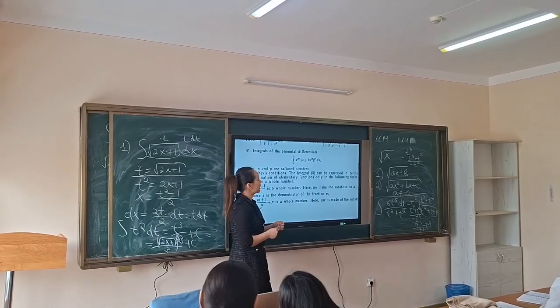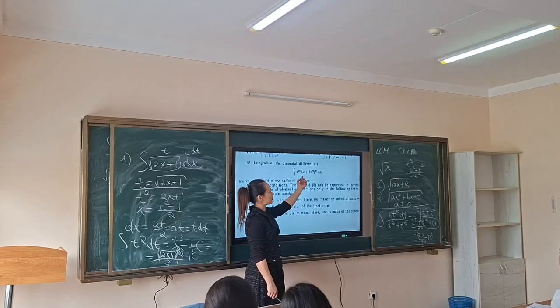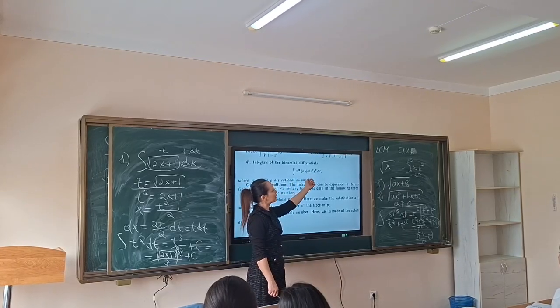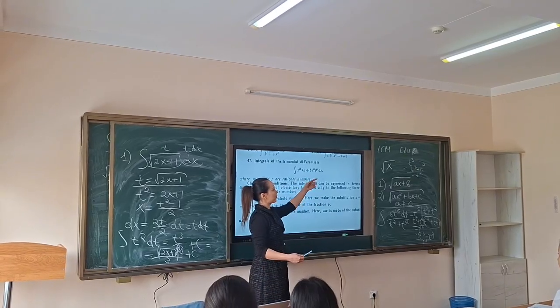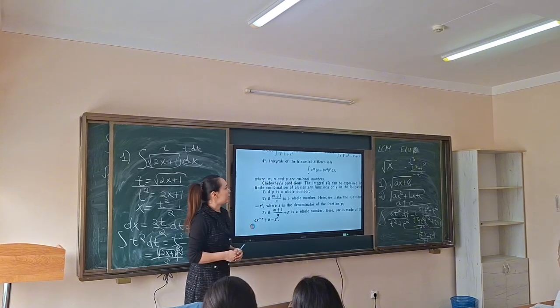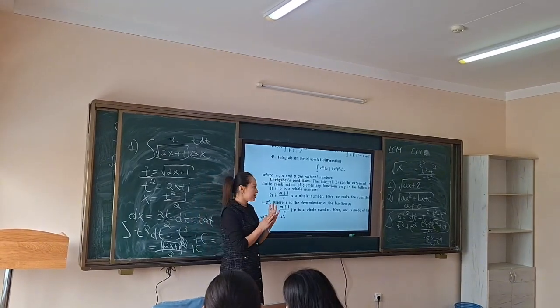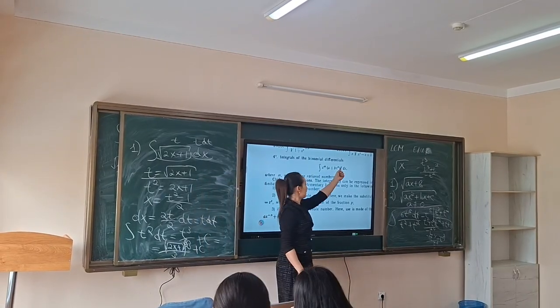Now, integration of x to the power of m times, in the bracket, a plus b x to the power of n, out of the bracket to the power of p, dx, which is called binomial differentials, and there are three conditions. The first condition is if p is a whole number.